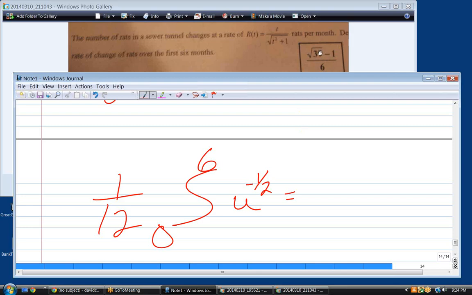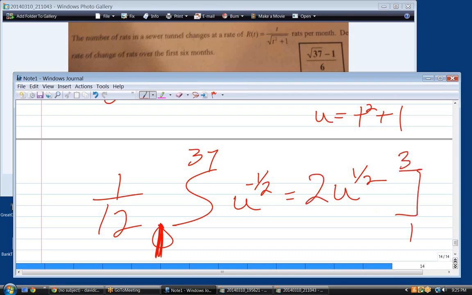Let's do that, especially since I see their answer here. They obviously evaluated this at the new limits. If u equals t squared plus 1, when I'm going from 0, I'm really going from u of 1. And when I'm going to 6, u is 37. So now I can do it. I add 1, divide by the new exponent, and evaluate from 1 to 37.